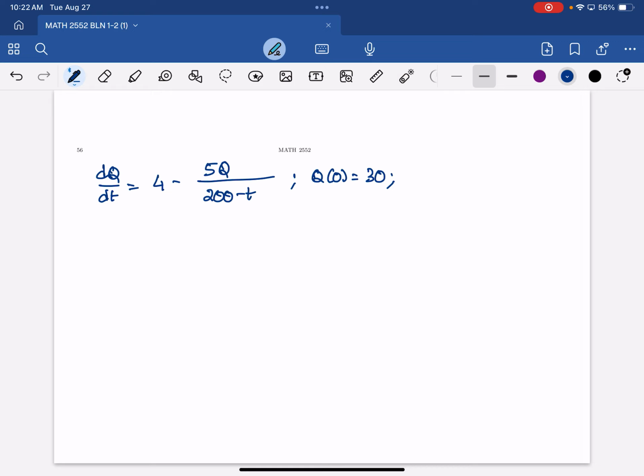Clear? And I'm going to use the method of integrating factor to find q, the amount of salt at any given point of time t in the tank.